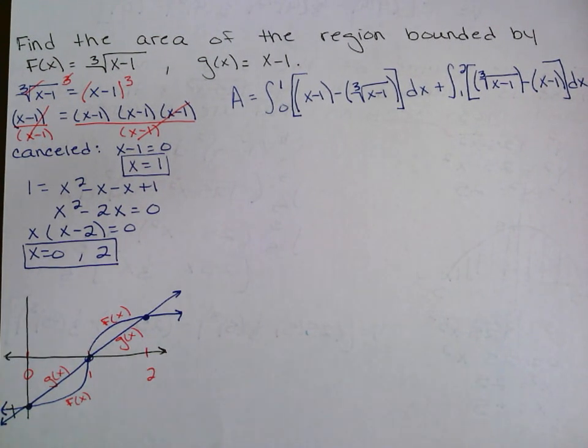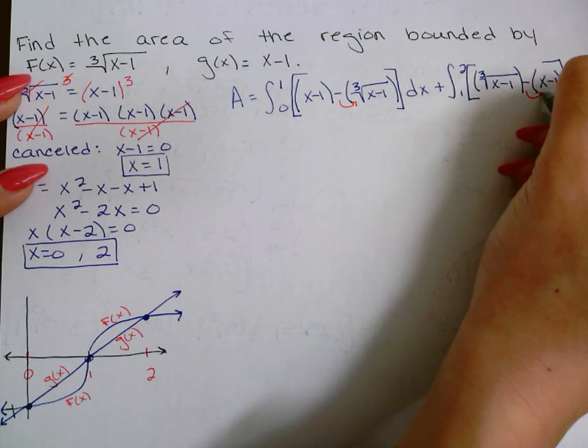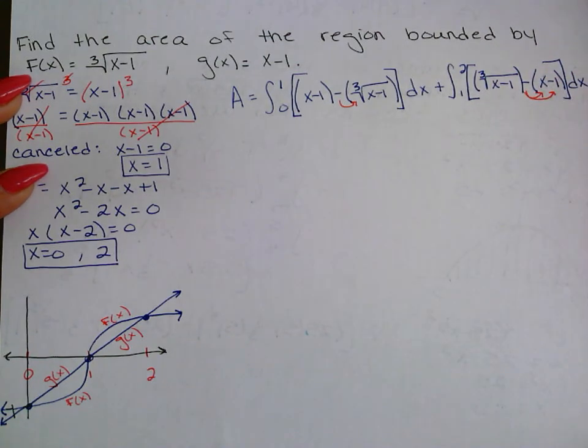Okay? Now I'm just going to do a little distributing. Distributing on this one, there's not much to do. I can drop those parentheses. Here I do have 2 terms that I can distribute to.